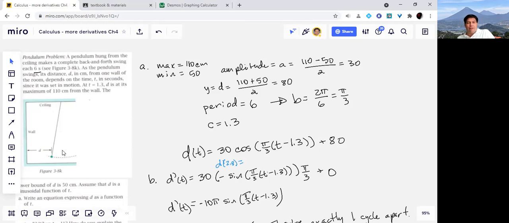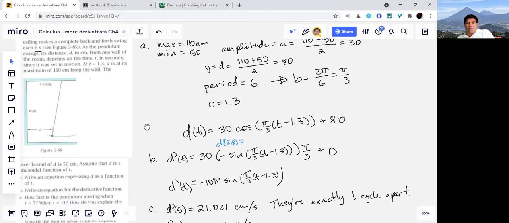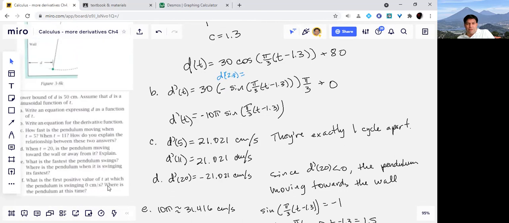Now, when is the velocity 0? Well, that's when it changes from going away from the wall to towards the wall, or when it changes from towards the wall to away from the wall. So the first time it does this is at 1.3 seconds because it is at its maximum. And 3 seconds before, wait, that's negative. It would be at a minimum, but we don't have negative time. So the first time it happens is at time 1.3. And the question also asks, where is it?